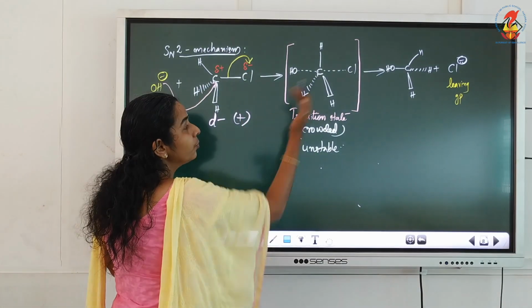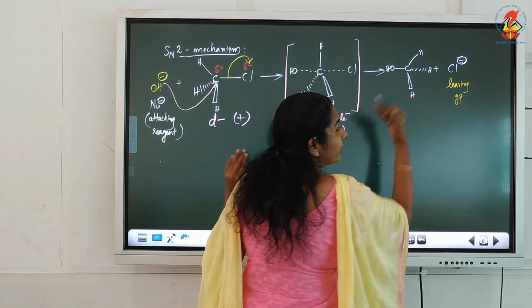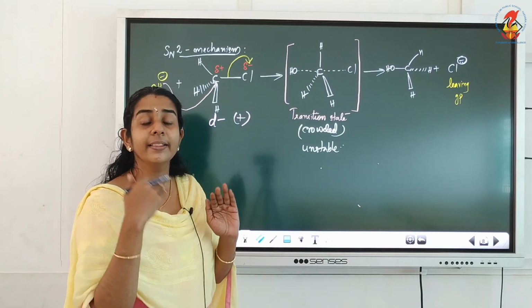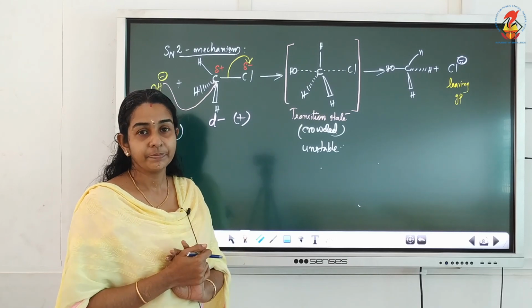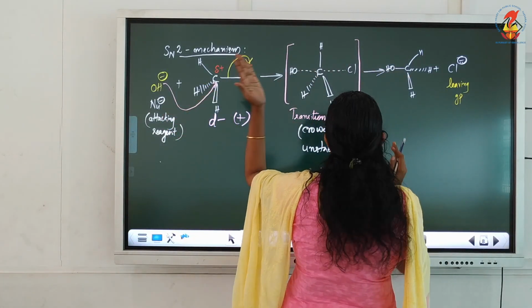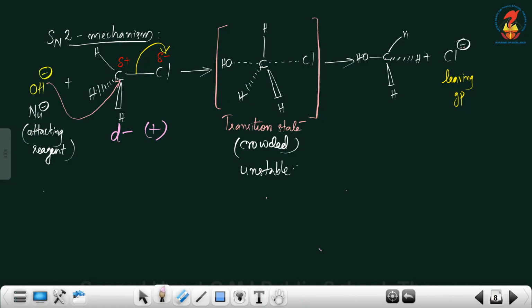After the attack of the nucleophile from the back side, the molecule is just inverted. The configuration is inverted. Configuration means the arrangement of atoms in 3D or space. The three hydrogen atoms are now on the right hand side and the new CH bond is actually on the left hand side. The configuration is inverted. So this is what is called inversion of configuration.